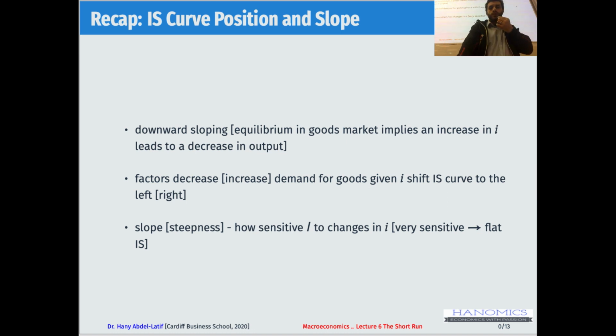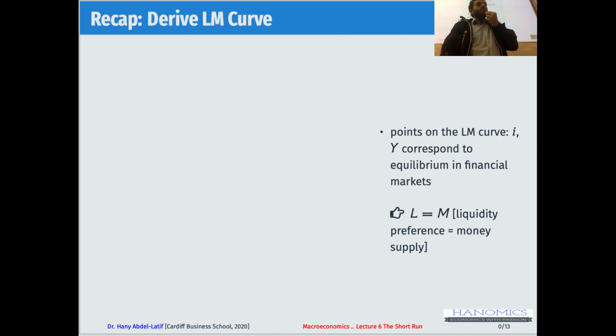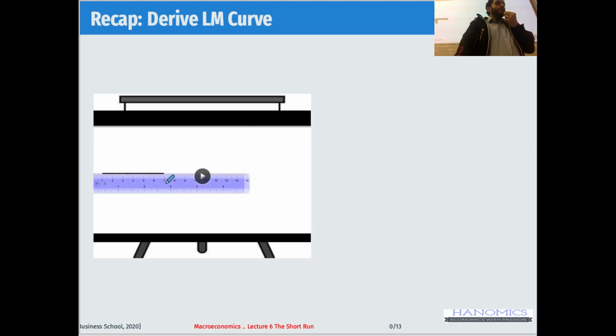Okay. On the other side, the LM curve, again, is the equilibrium in the money market, and LM comes from liquidity preference, so liquidity L equals M, or money supply. So this is the equilibrium condition in the money market, and LM gives us again the I and Y space, or interest rate and output level.